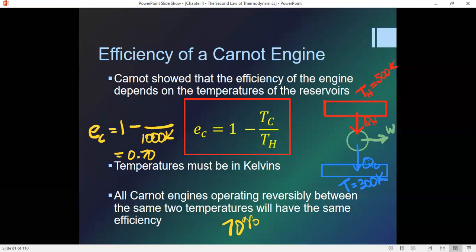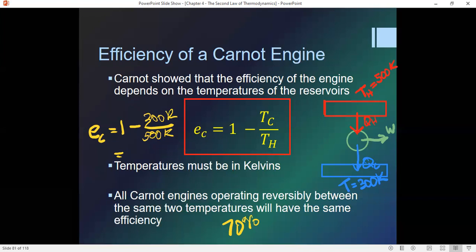All right, so 300's gone here. This is gone right here. Oh no, 300's still there. Let me just rewrite that. So 300 degrees Kelvin is still my cold reservoir. It looks like an R. Over 500 this time.